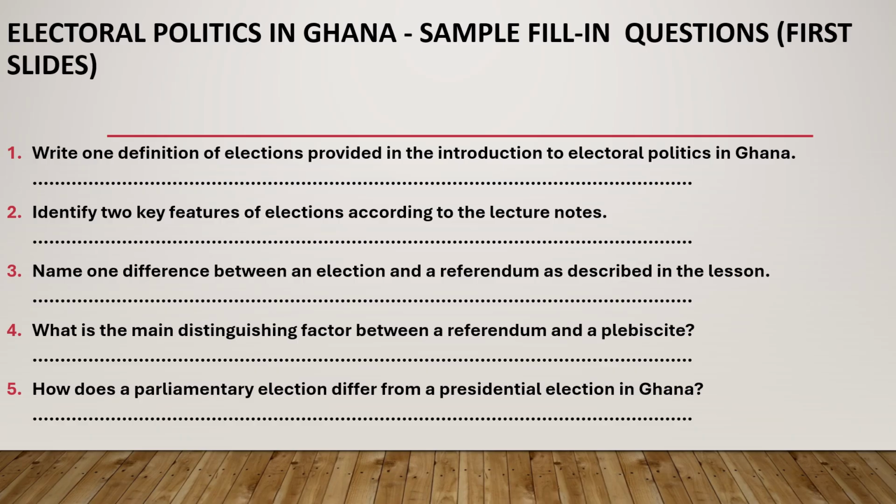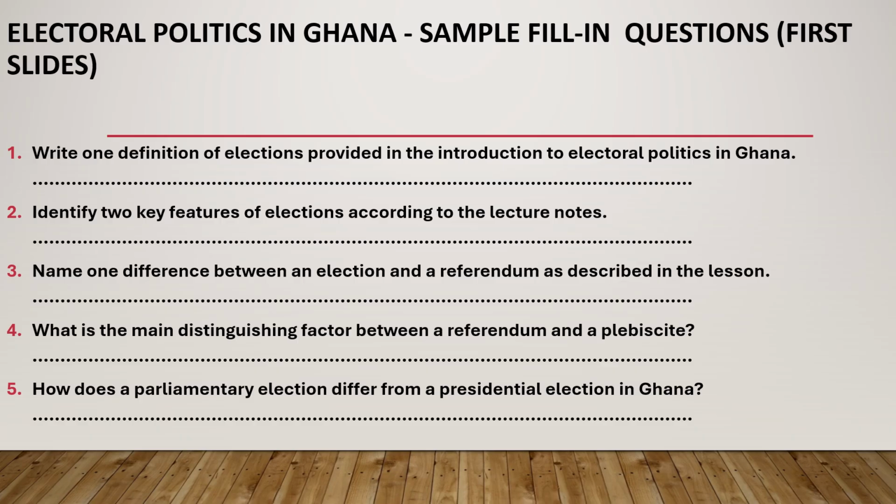And then question number 3: name one difference between an election and a referendum. As we've done in our lesson, an election is to select individuals for public office, whilst a referendum is to determine voter preference on a specific issue.